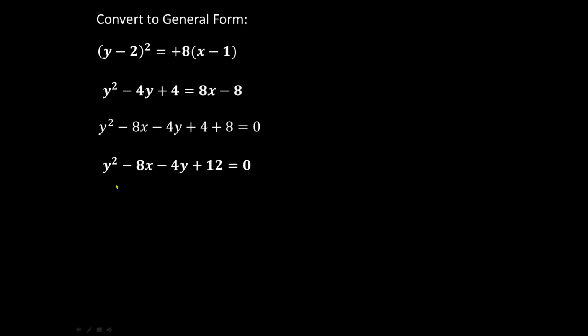Y square minus 8x minus 4y plus 12 is equal to 0 is our answer. And this is the general form of our given standard form. That is our answer. That is how to convert standard form to general form. This equation and the one above are the same, just in a different format.